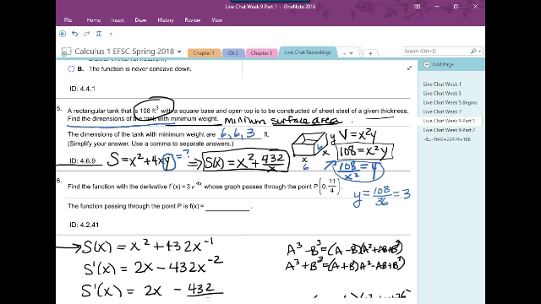Otherwise, the next one that I wanted to look at was number 10.